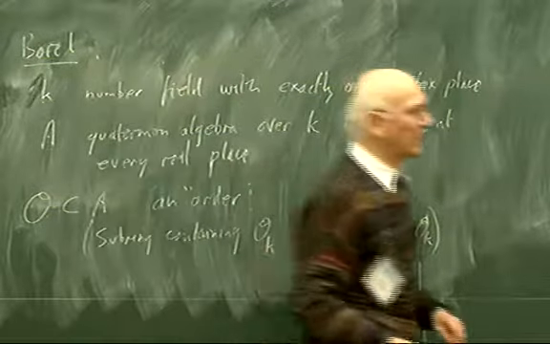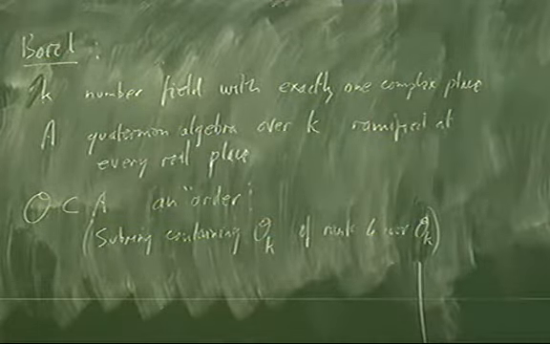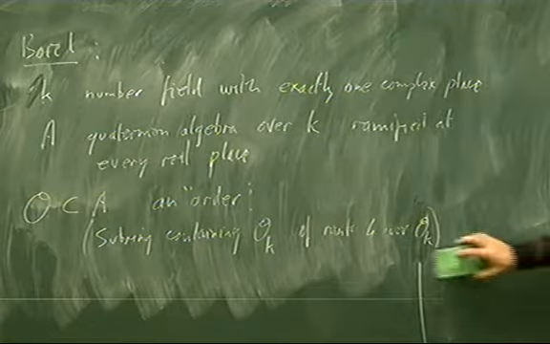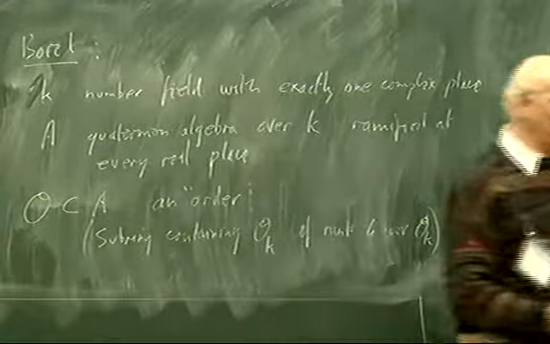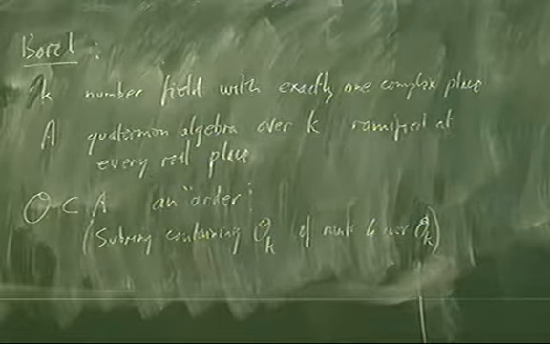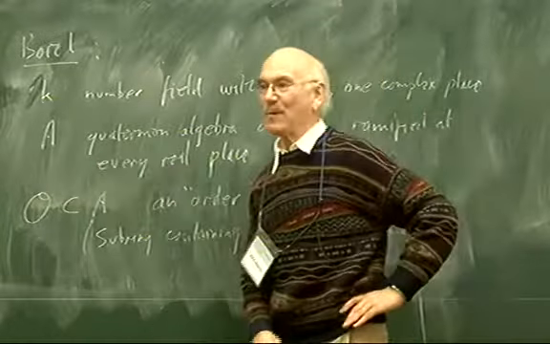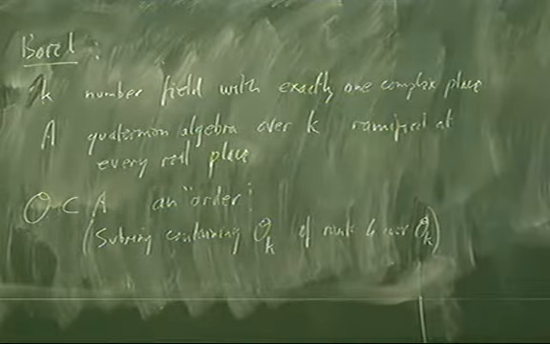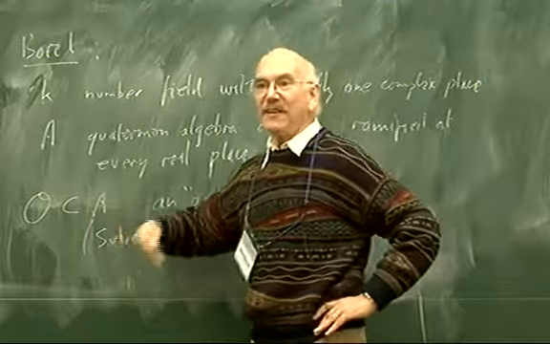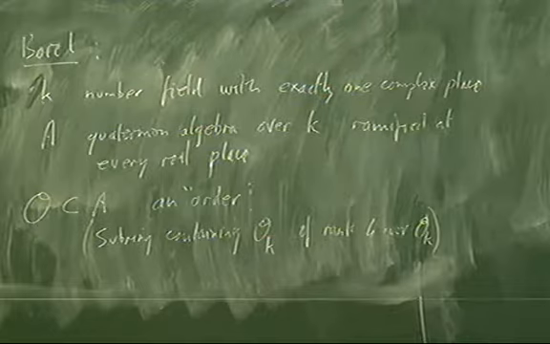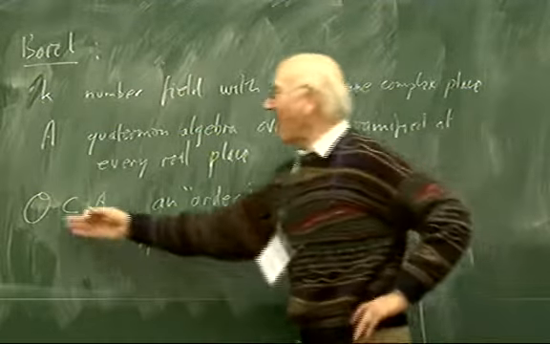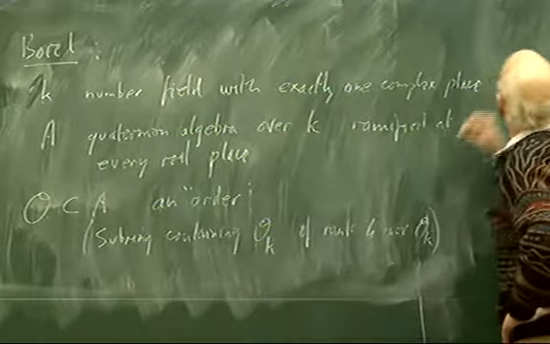It kind of plays the role of ring of integers. With a quaternion algebra, you can still define what an integer is just the same way you do anywhere else. It's something that satisfies a monic polynomial with integer coefficients. Unfortunately, the set of integers in a quaternion algebra is not a ring. And so what you do is you look for subrings of this set of integers.